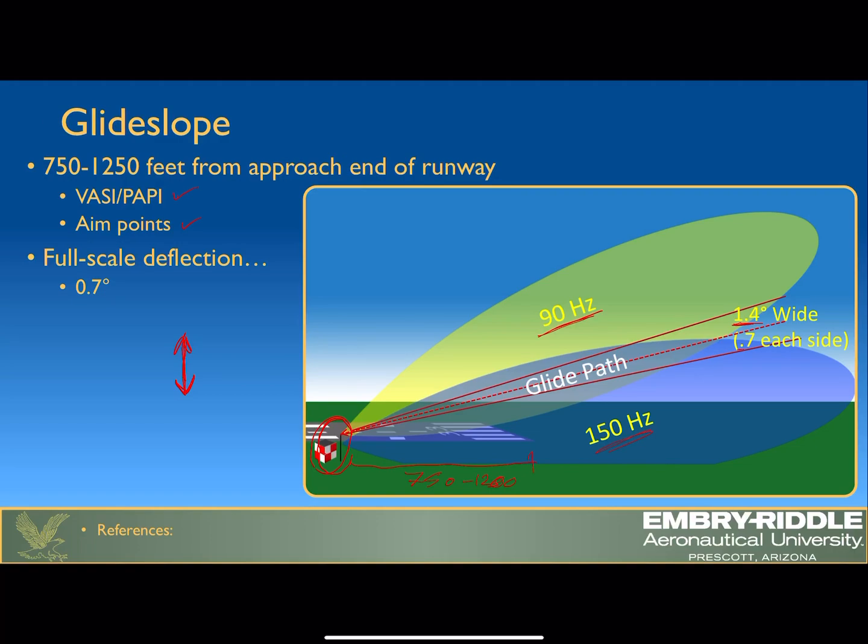Your instrumentation senses whether you're too close to 90 or too close to 150, and it gives you that indication in the aircraft. Oh, and typically glide slope is giving you about 3 degrees of glide slope, what we'll call. So it's bringing you on a 3-degree glide path.